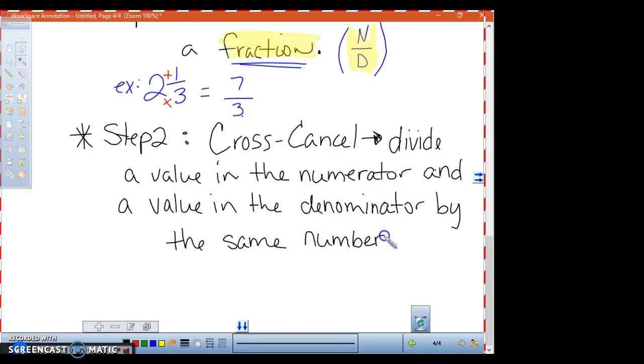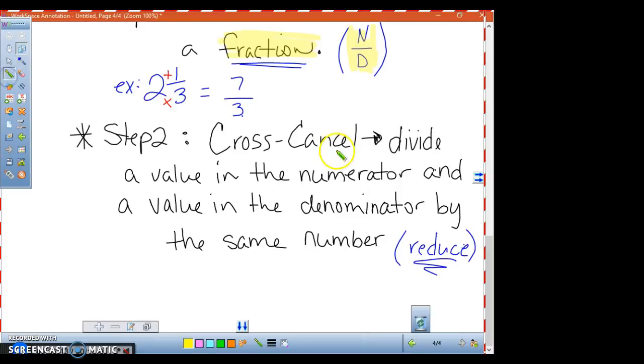In other words, we are doing what action? We are reducing. So when we cross cancel in this step 2, what we are really doing is reducing. So step 2 is reduce or cross cancel.